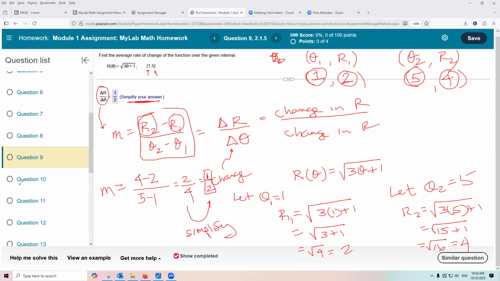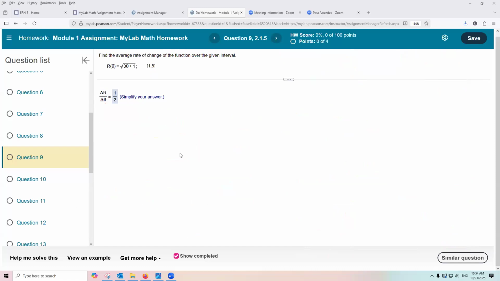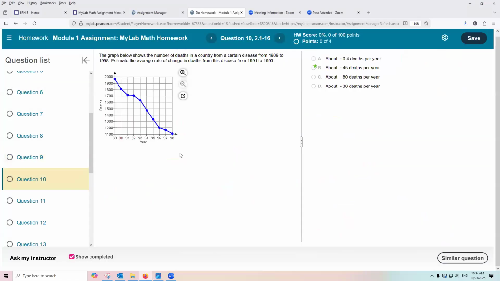All right, let's do 1 or 2 more. Let's see what else we have here. Okay, here's the same kind of question. It says, estimate the average rate of change from 1991 to 1993. So remember, when they ask you about this, they're really asking you for the slope of the straight line connecting these 2 points.